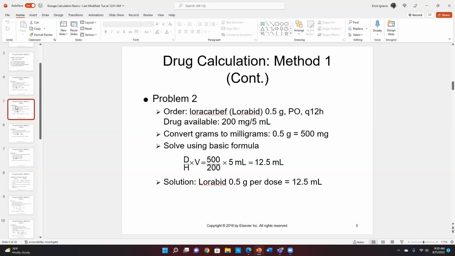Make sure when you are doing your dosage calculations, especially if it's written on paper, that you include your units, because if you do not include your units, then it will be marked incorrect. When you are performing these calculations for your test on ExamSoft, only put the number because the unit is already written as part of the question.